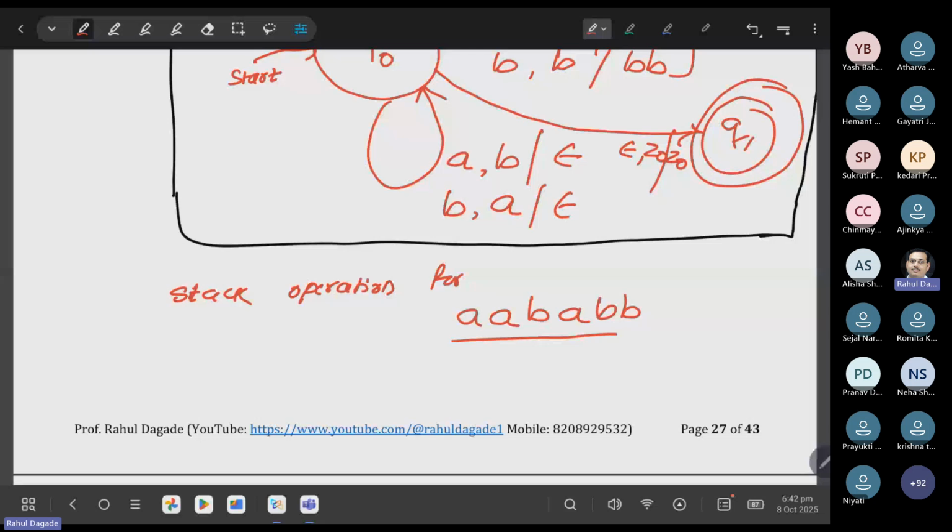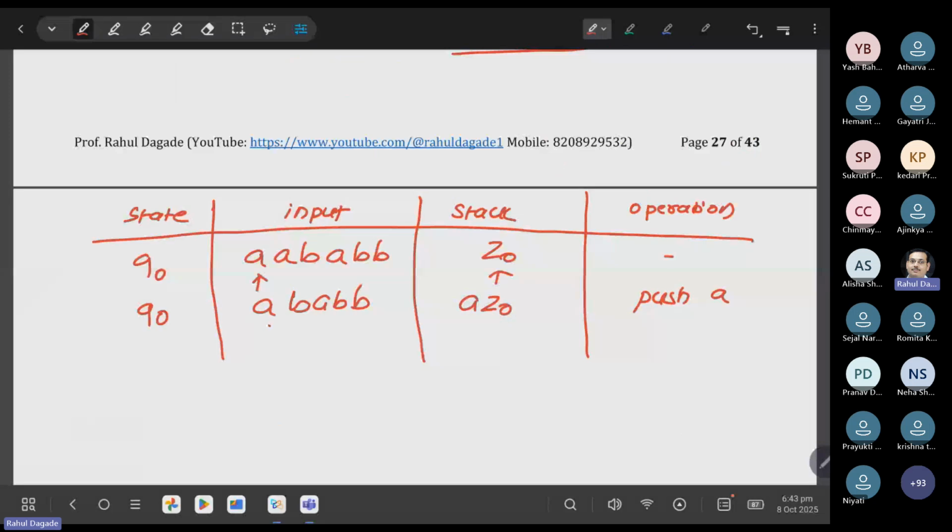So you are in the state Q0. Input is A, B, A, B, B, and stack initially is Z0. So now here Q0, A is the input, empty stack, that is Z0 on stack. So what we do, we push it. So remaining input is A, B, A, B, B. A goes on stack, so here push A. Now we have input A and A is on stack.